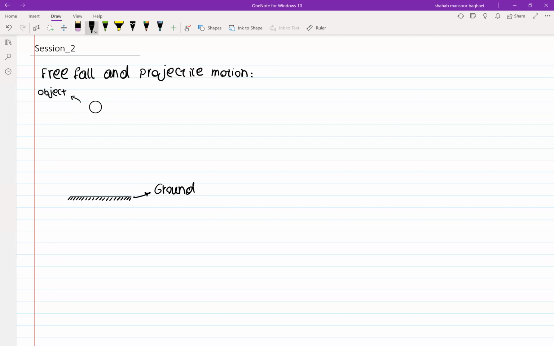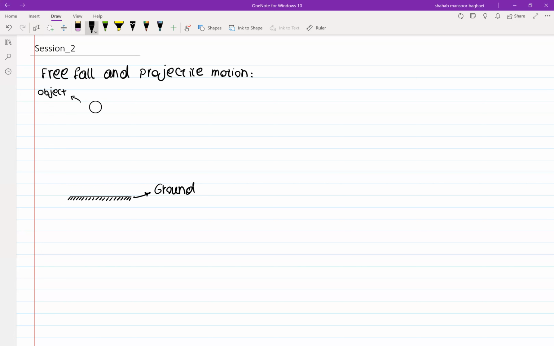Why do you have this situation? Why is it going downward? Because of a field which is around this object. It is called gravity. Gravity is a kind of attraction between your object and the ground.